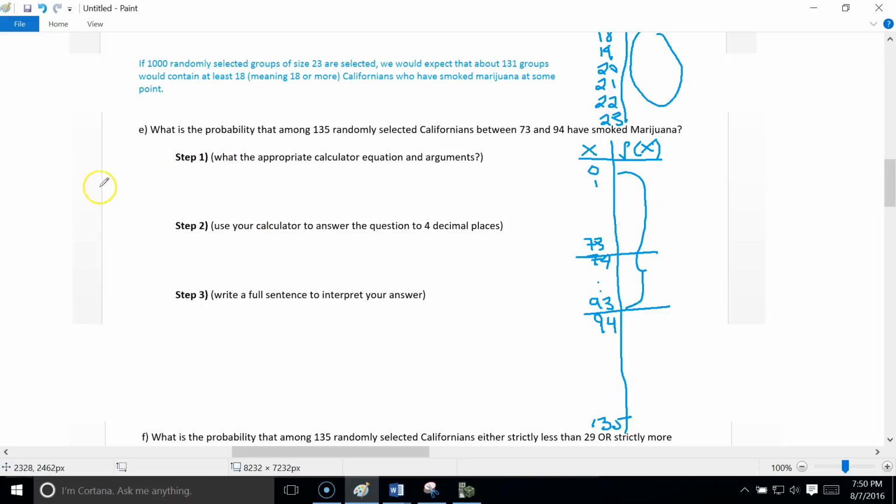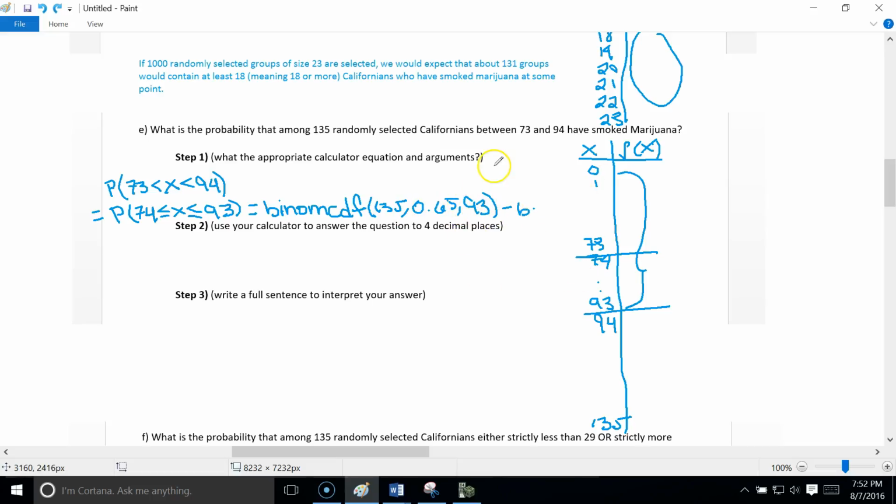So the solution is this. Probability that x is strictly between 73 and 94 is equal to the probability that x is greater than or equal to 74 but less than or equal to 93.